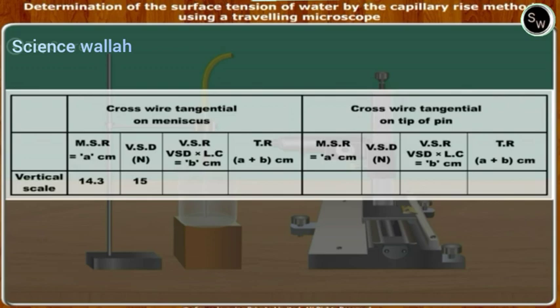Vernier scale reading B is equal to N into LC is equal to 15 into 0.001 is equal to 0.015 centimeter. Hence, the total reading A is equal to A plus B is equal to 14.30 plus 0.015 is equal to 14.315 centimeter.